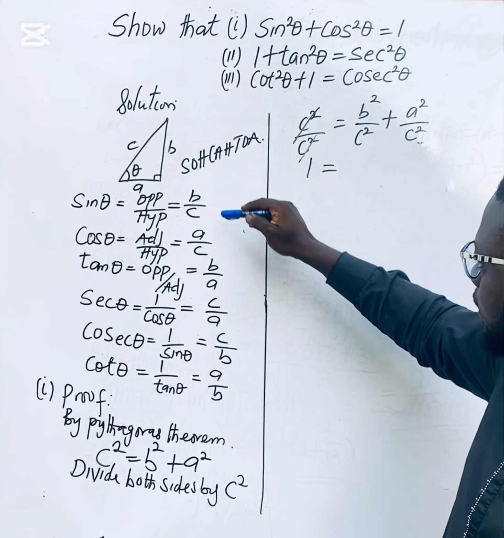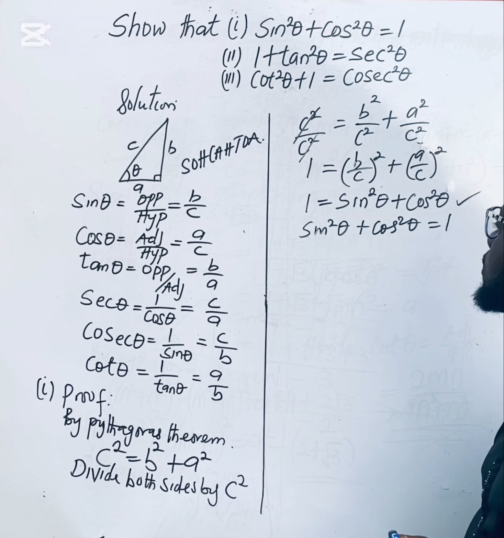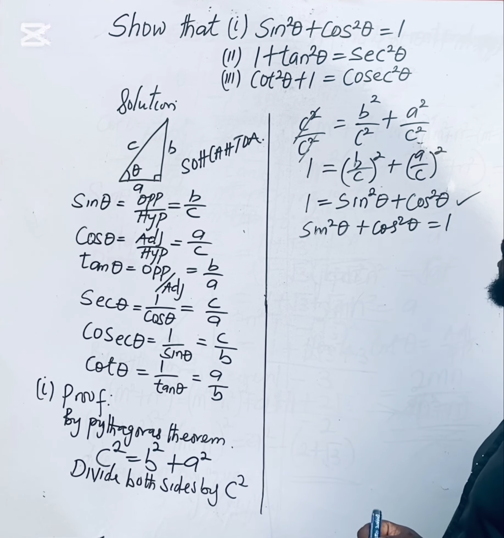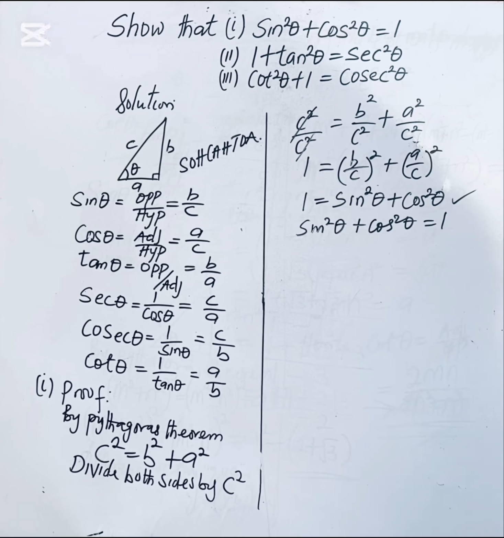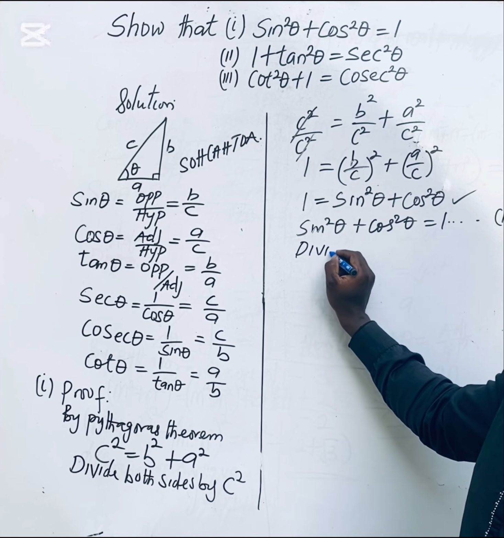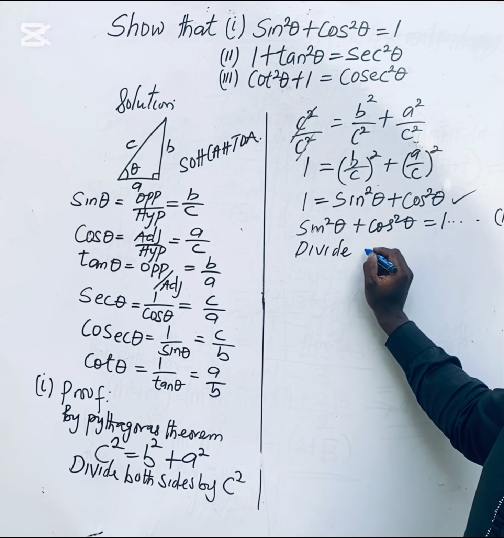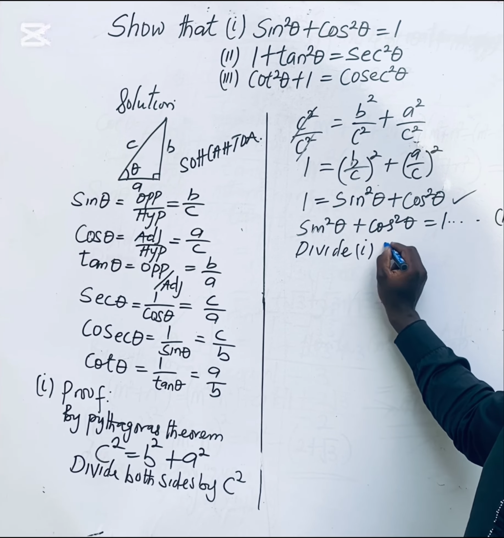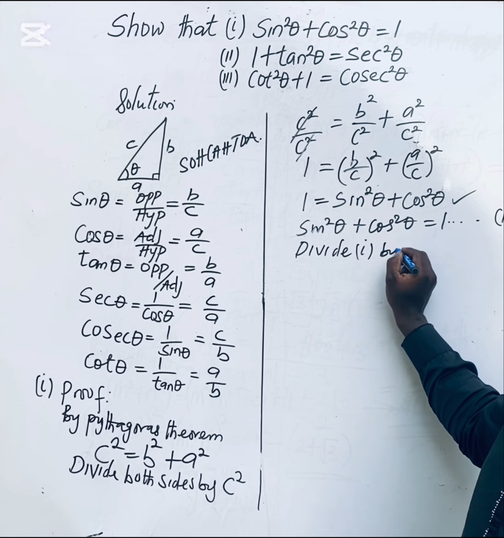All right. Okay, so we've done the first one. Now, the second one. Let's call this one 1. Right? So you say divide 1 by sine square theta.